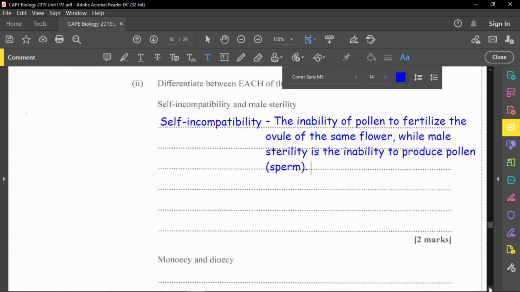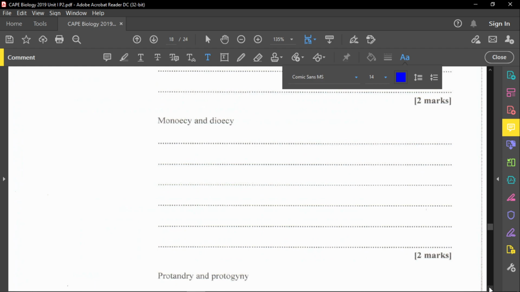And the next one here that we're going to differentiate between is monoecy and dioecy. Again, these words explain plants that are monoecious and dioecious. And so monoecy, think about the word monoecy. So mono, it is a single plant. So let's read this real quick.